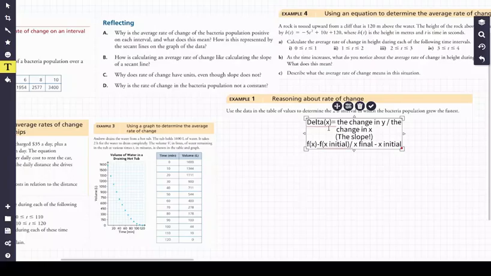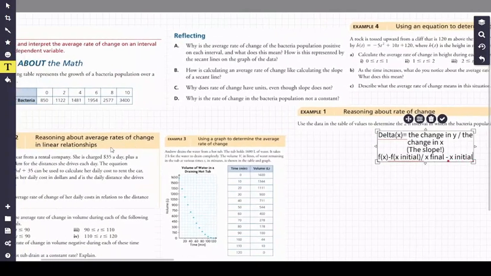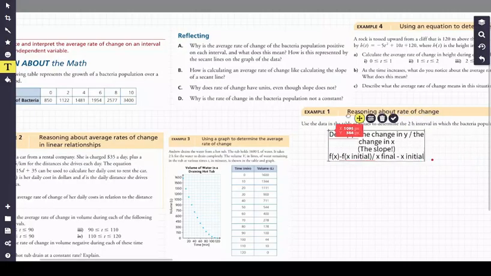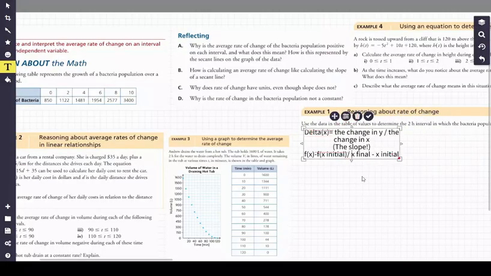Now let's go ahead and use our table values here. Let's use this formula on our table. For the first interval, 1122 minus 850 over 2. And this gives us 272 divided by 2, so 136.